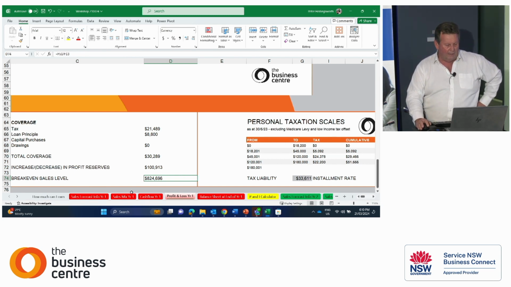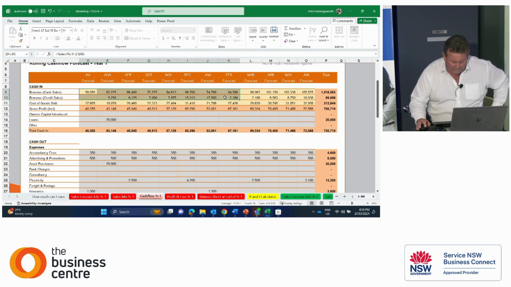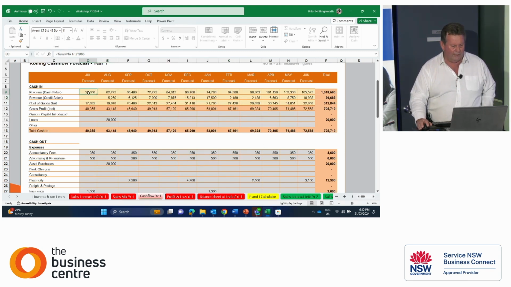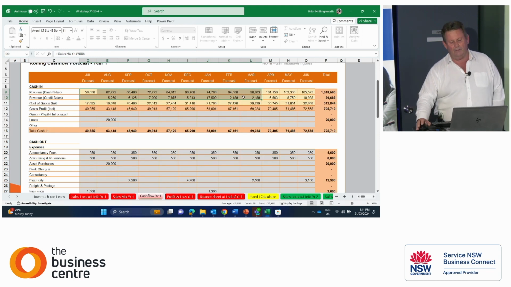You can now go back to your cash flow and have a look and see when the sum total of that gets to that number. So I don't know if you can see down the bottom there, that's at 670,000 already then. So we're going to get to that 800 odd thousand number sometime between March and April, most likely. Now that's interesting.